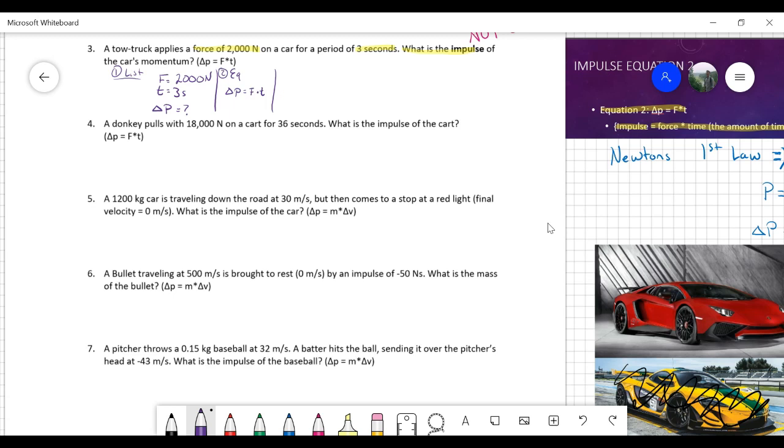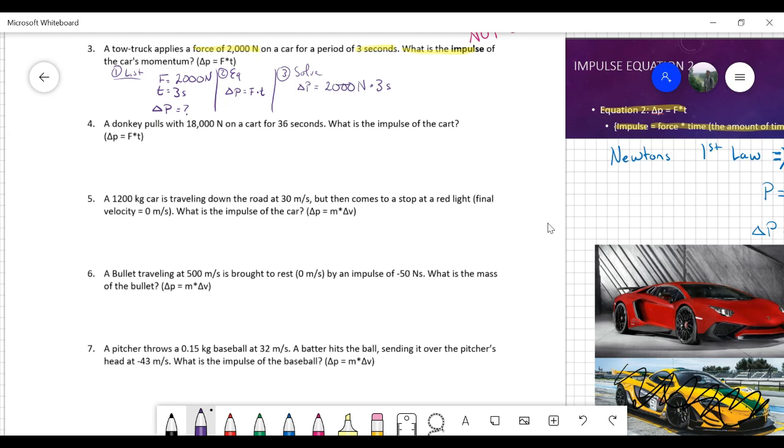Easy. Okay, so step 3, let's solve this now. Plug in our numbers and solve. So delta P, well, we don't know what that is, so we can't change it. Here's force, that's 2,000 newtons. And multiply that by time, which is 3 seconds.